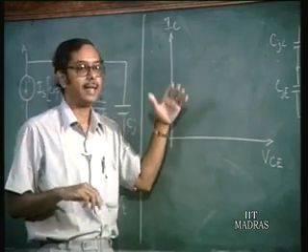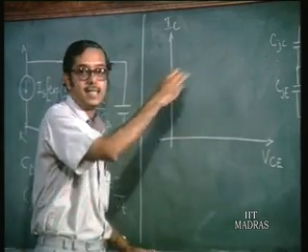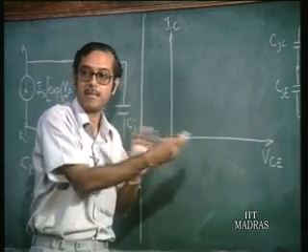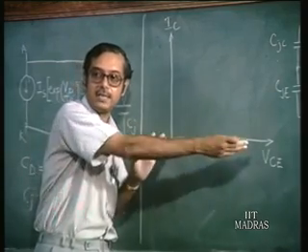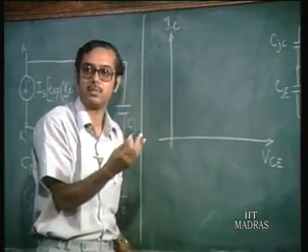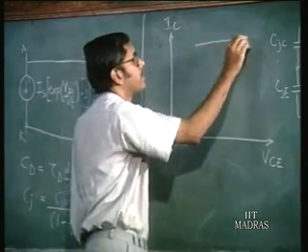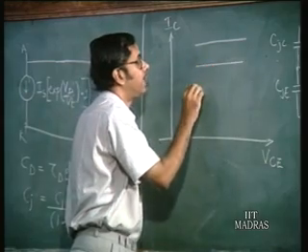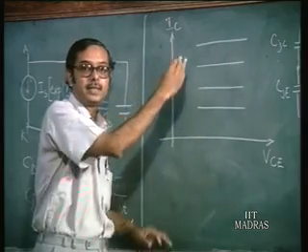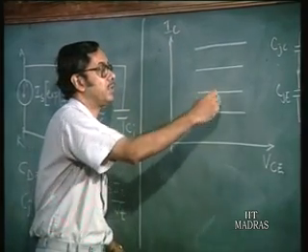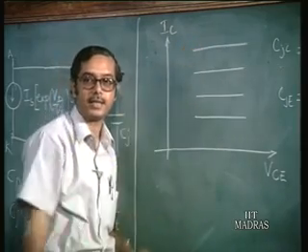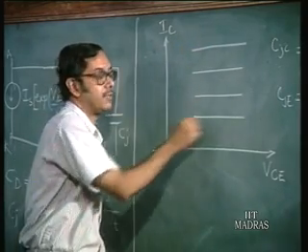And if you go on increasing the reverse bias on the base collector junction, that is effectively increasing VCE, then the relationship doesn't change much. It remains the same. So for different values of IB, you will get ICs, separated almost by the given increments. So these are for constant IB.